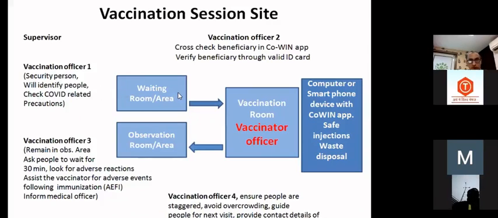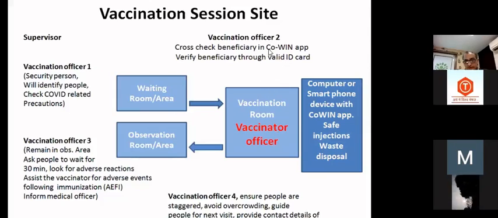So he will go to the vaccinating room where his credentials will be checked by a security person, designated as vaccination officer 1. Then his Aadhaar card or his details will be checked. He will be verified whether he is the same person. Then he'll go into the vaccination room. Here his temperature, everything will be checked with whatever COVID precautions are to be taken.